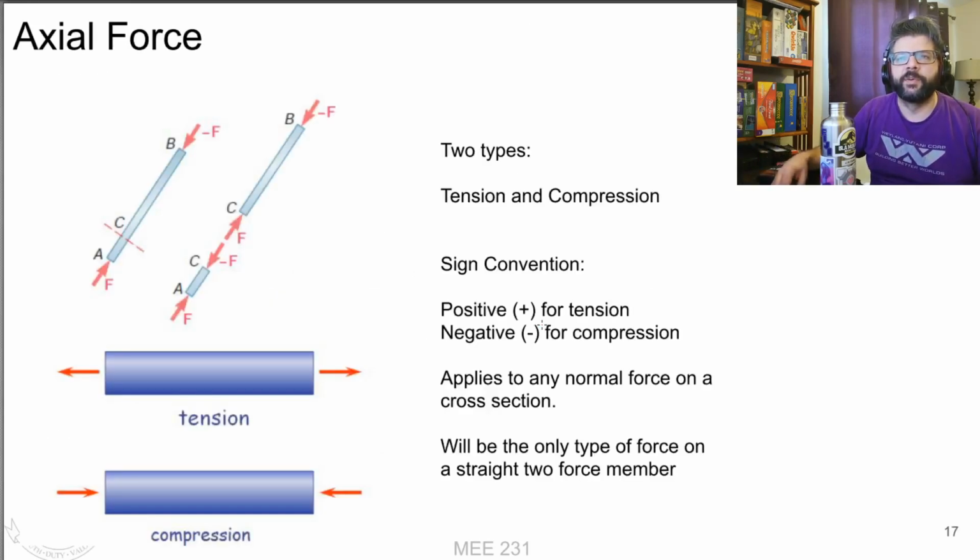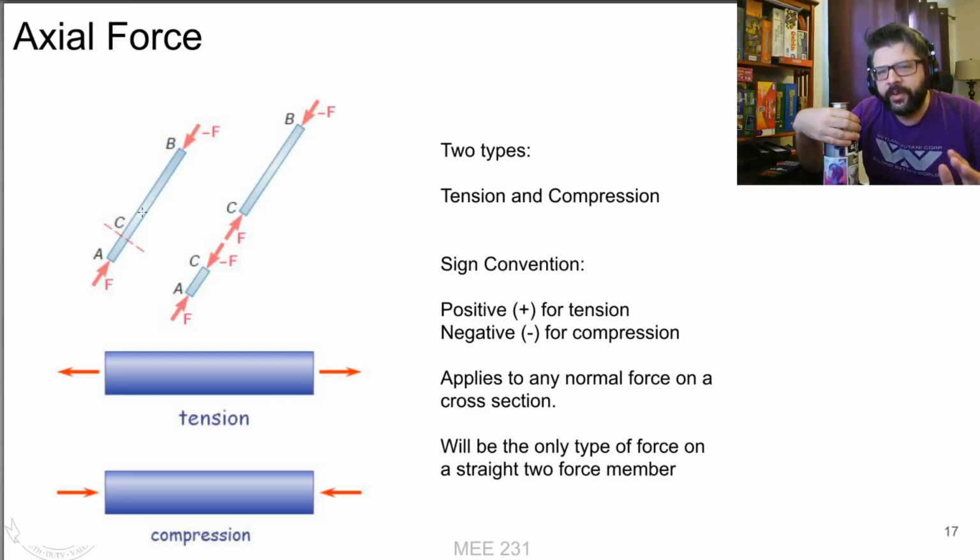So yeah, axial force, again, tension or compression. We're pushing on it or we're pulling on it. The sign convention, and everyone uses this sign convention. If you ever use the opposite sign convention, you are wrong.